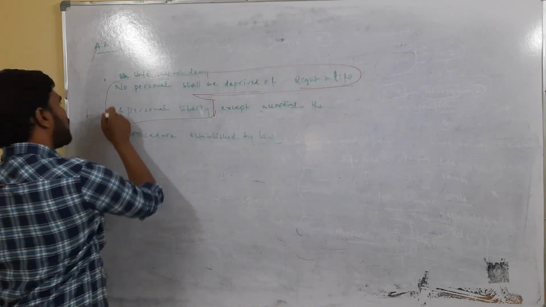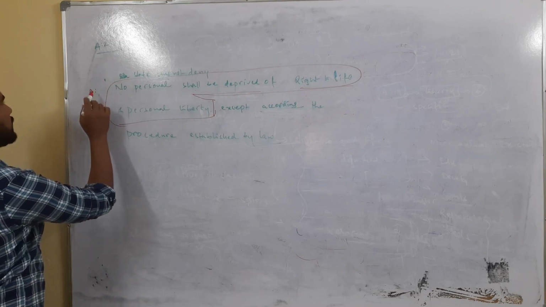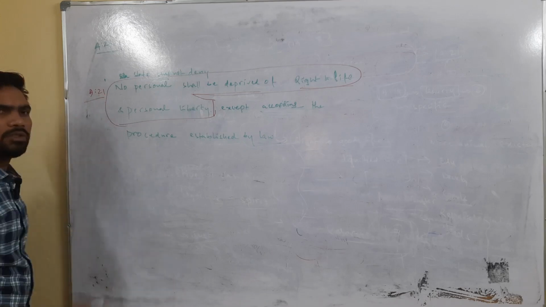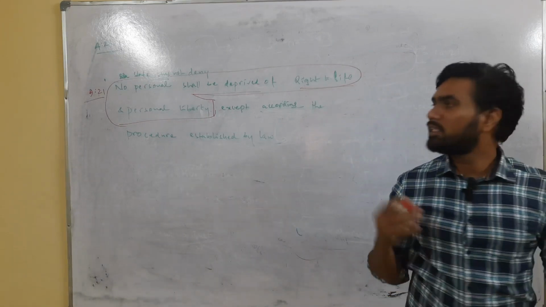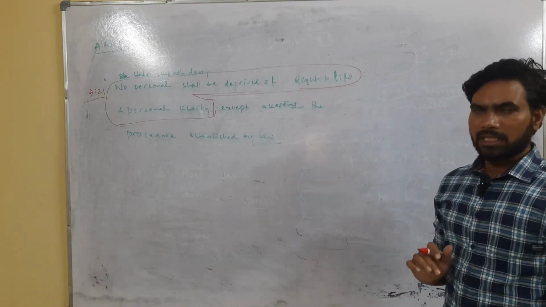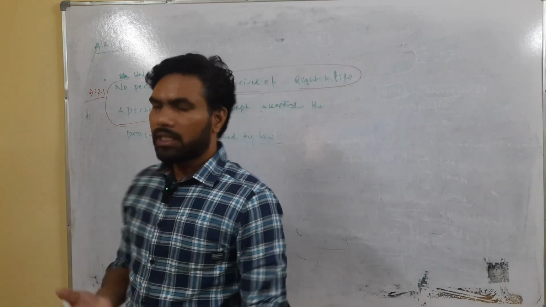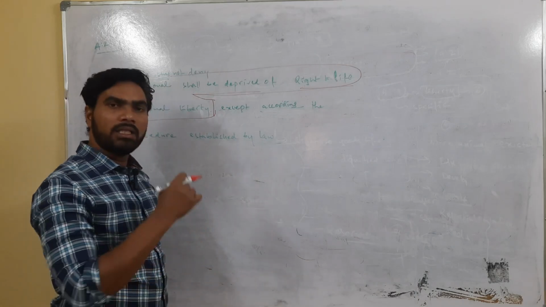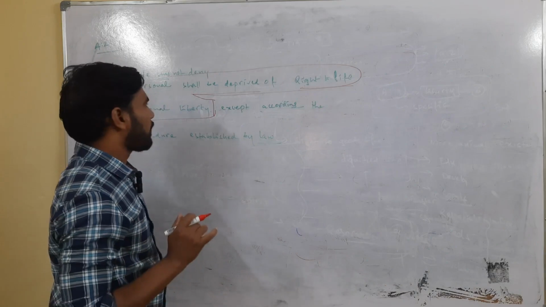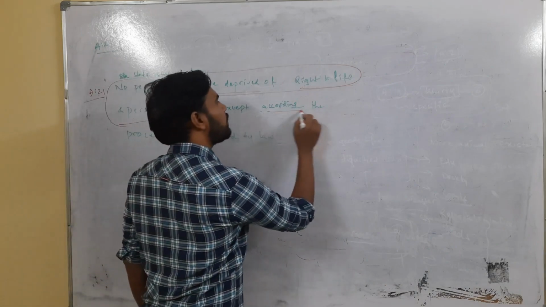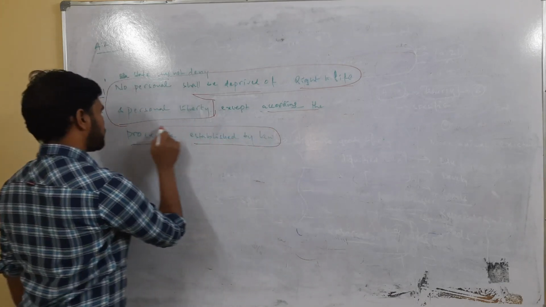This is what is guaranteed under Article 21: the right to life and personal liberty. We have understood this part, but there is a limitation. There is further text in the article. The further text is saying that this right to life and personal liberty can be taken away according to the procedure established by law.